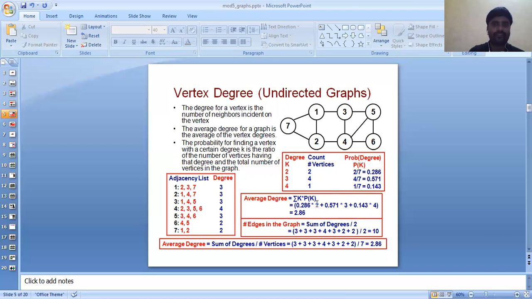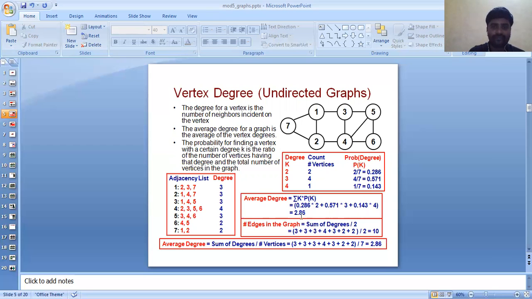At the same time, we have to calculate the average degree value. The average degree is the summation of k into P of k. We know the P of k values and the k values. Then we find the average degree equals 2.86.